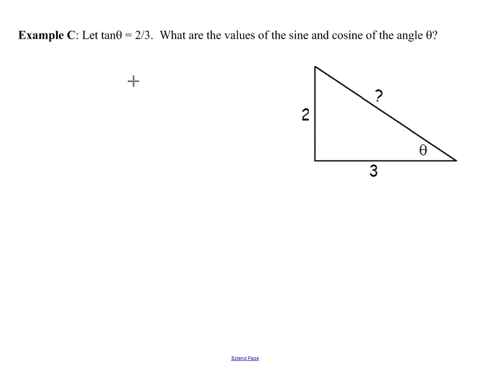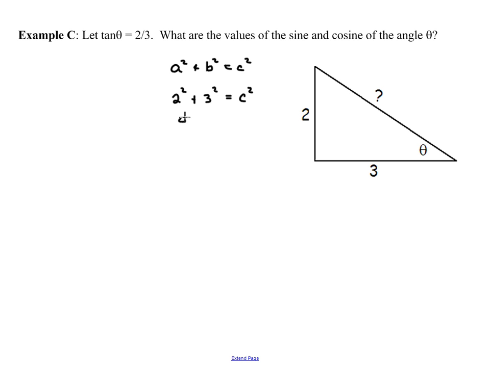Well, by the Pythagorean theorem, of course, we would just simply apply it right here. If we substitute in the correct values, a squared plus b squared equals c squared, we take the square of 2, take the square of 3, and we get the square of c, whatever it is, that's our hypotenuse.